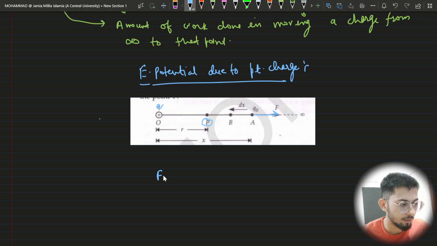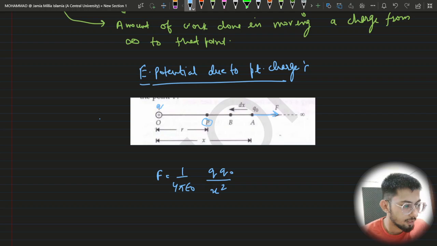What would that be? 1/4 pi epsilon naught Q Q naught upon R squared, but here it is x, so x squared. Now this charge Q naught is being thrown outwards, right? This force is acting outwards.